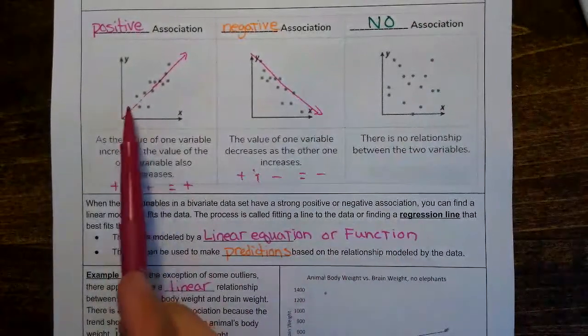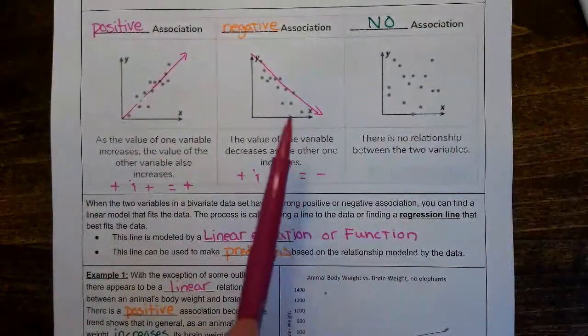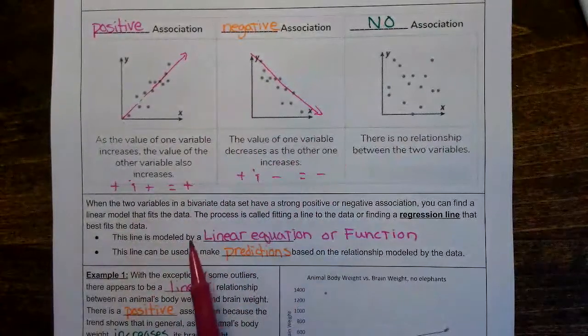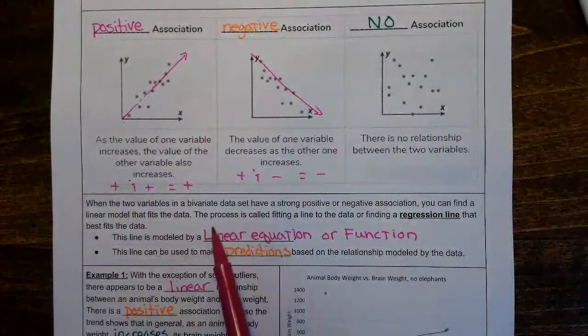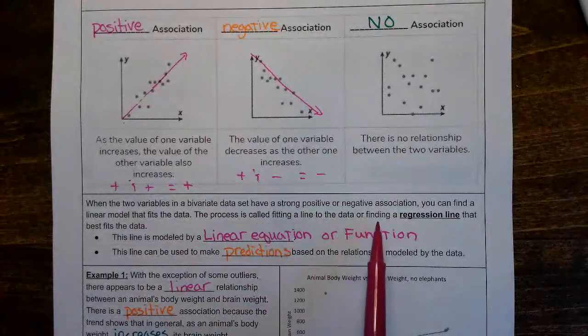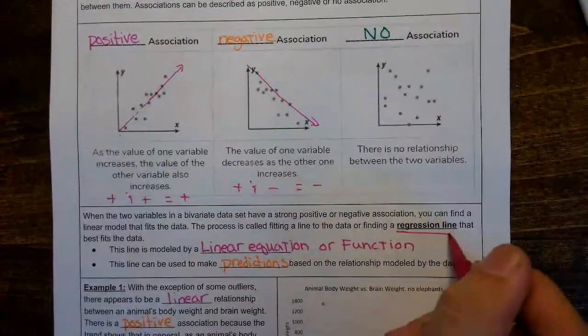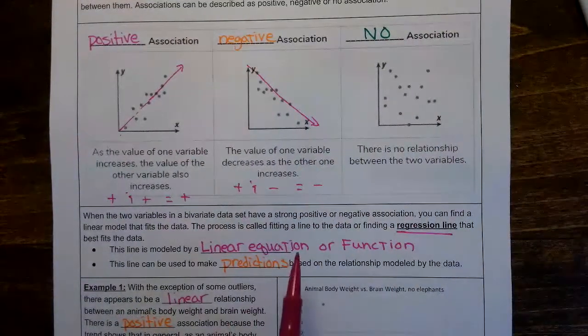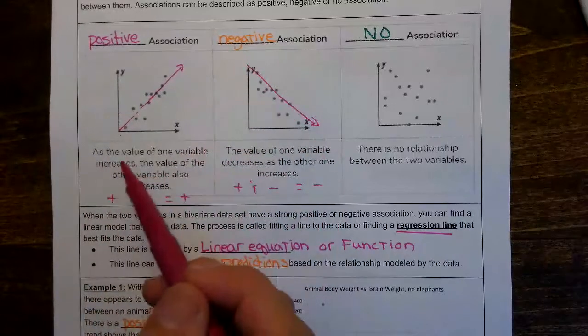So basically, when there's a positive or a negative slope that we can generally see, we can create an equation for that. The process of that is called fitting a line to the data or finding a regression line. That basically is the line that I created here and there.